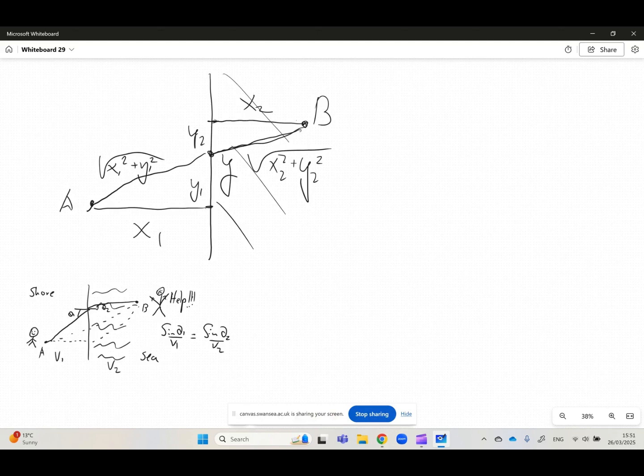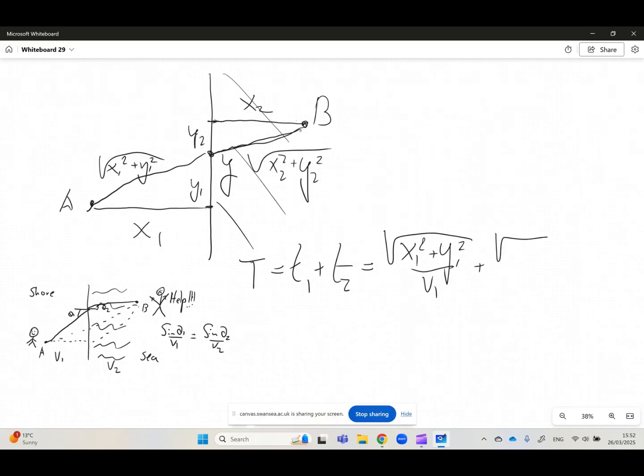So the total time is t1 plus t2. This is square root of x1 squared plus y1 squared over v1, plus square root of x2 squared plus y2 squared over v2.